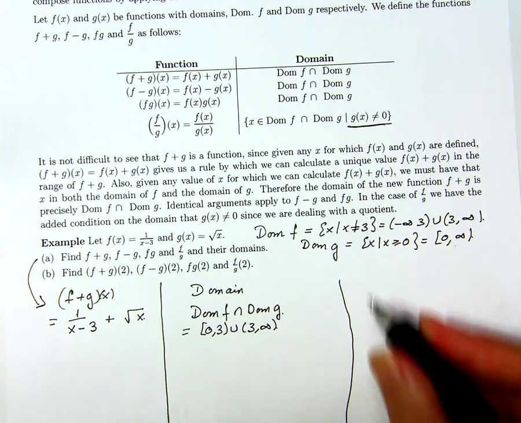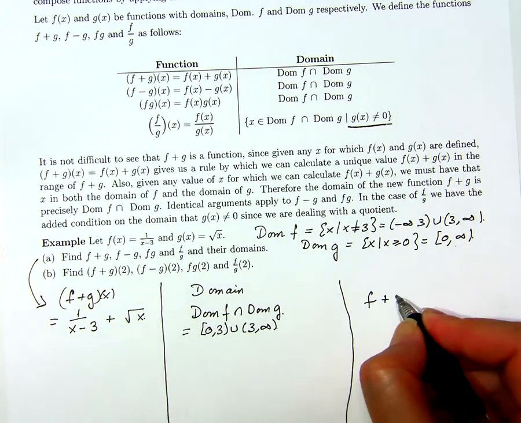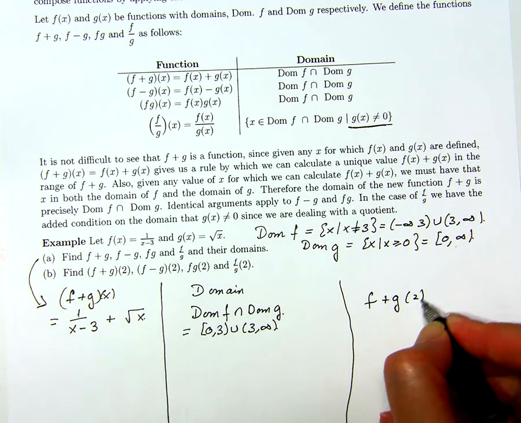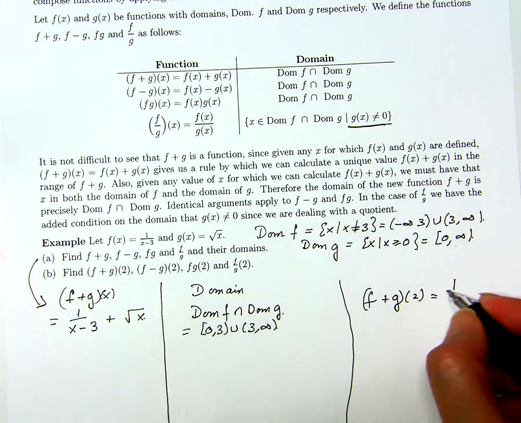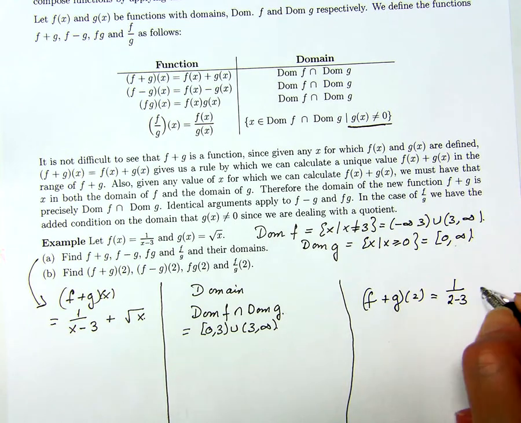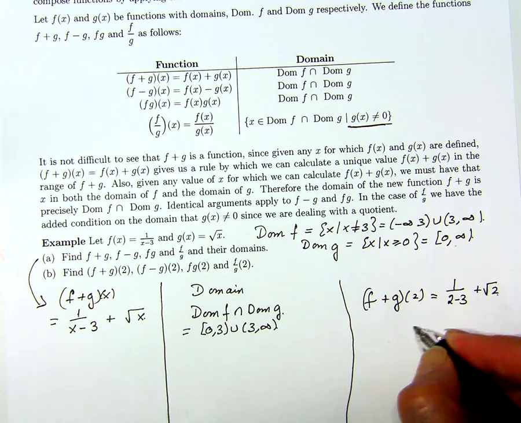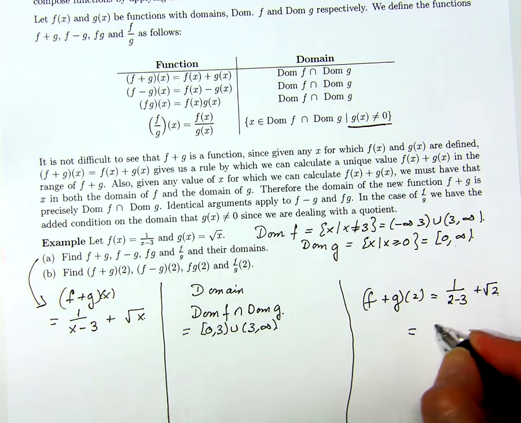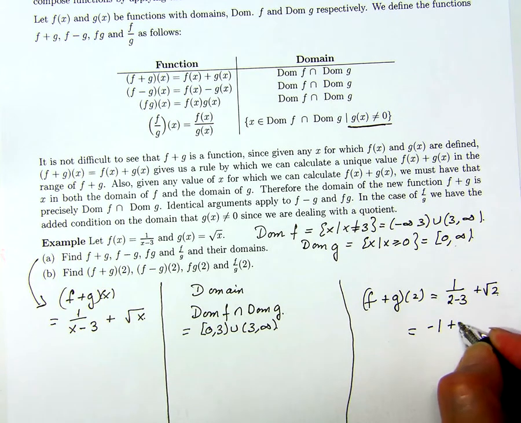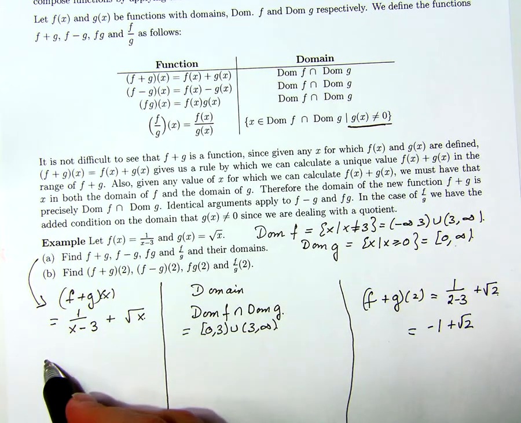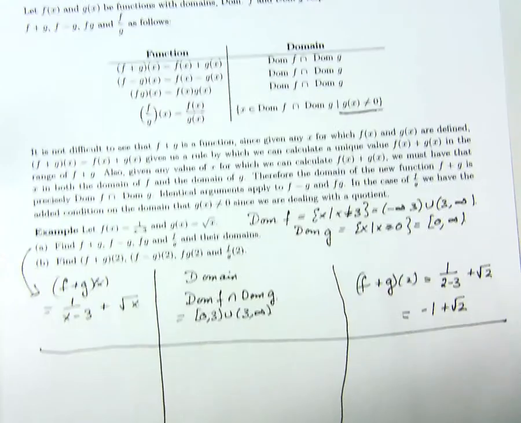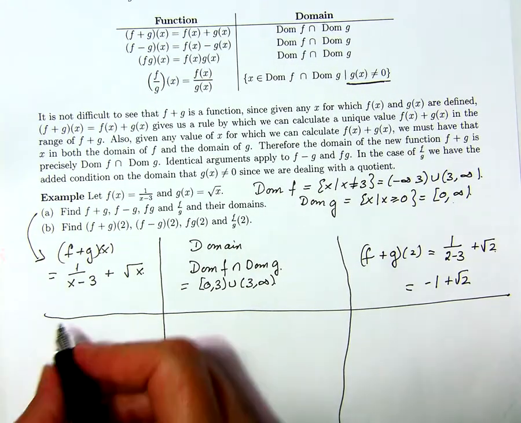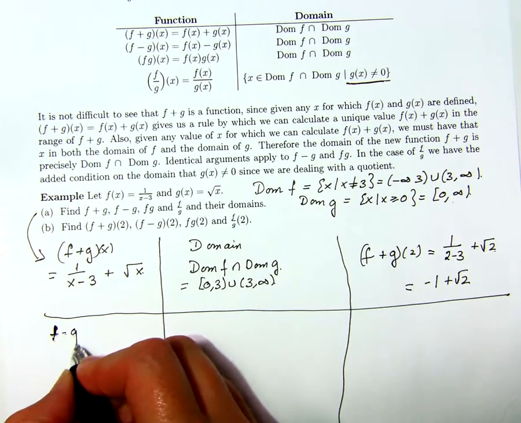Now let's evaluate f plus g of 2. Well, we just work with the formula. It's f of 2, which is 1 over 2 minus 3, plus the square root of 2. And that's equal to minus 1 plus the square root of 2, or the square root of 2 minus 1. What about f minus g of x? What's its formula?